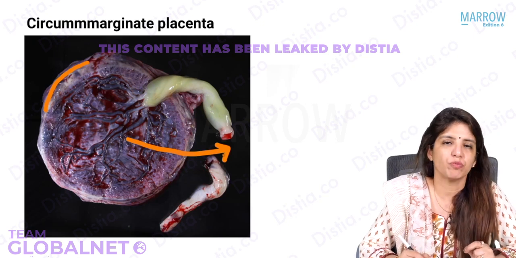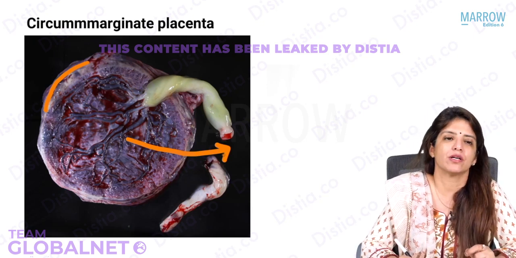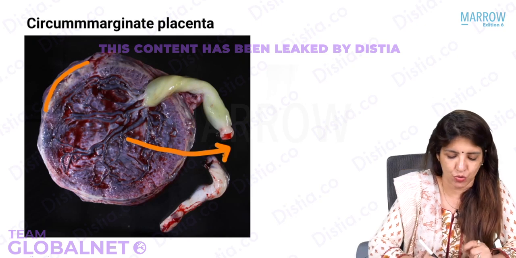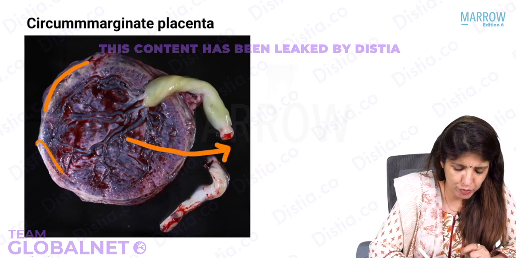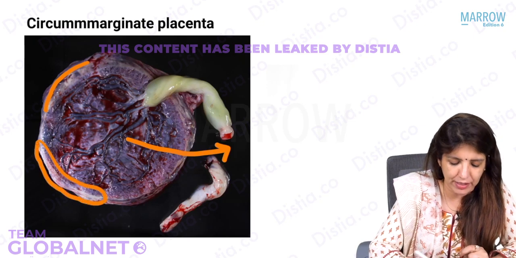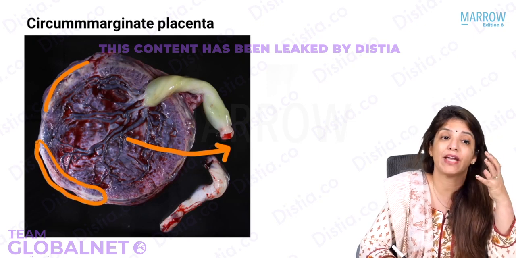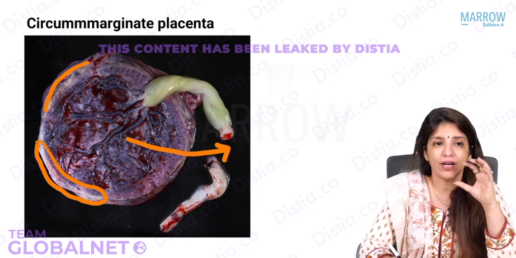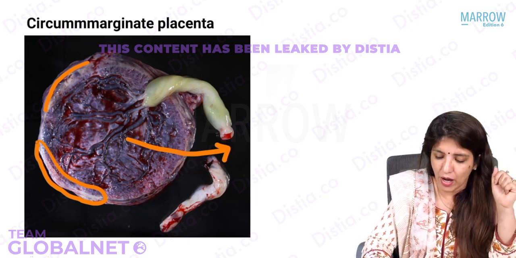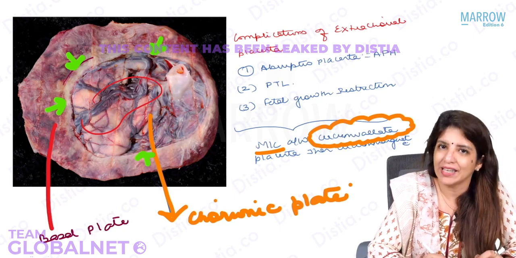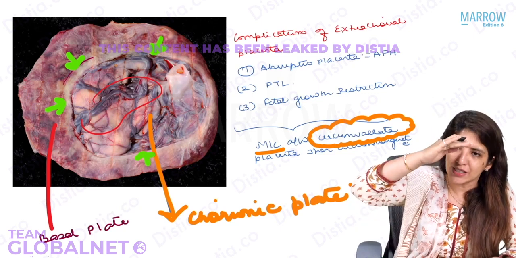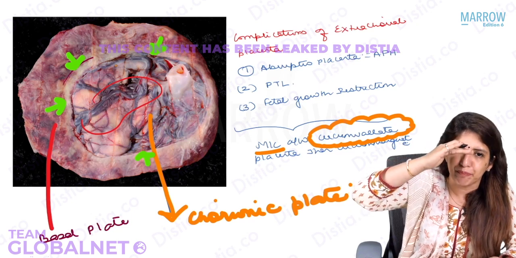Now sometimes you people get confused between circummarginate and circumvallate, because over here you can say, ma'am, this pale area present on this side is appearing like a valve. To you it may appear like a valve. But understand, please, that in case of circumvallate placenta, the fetal side will be at a little depressed level.